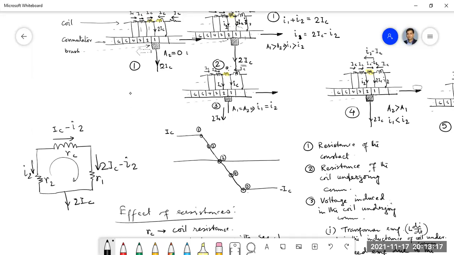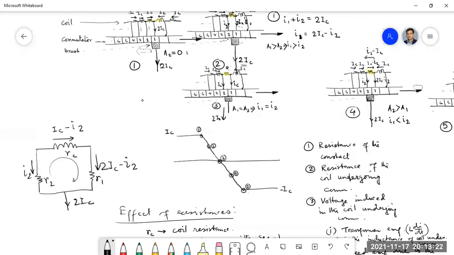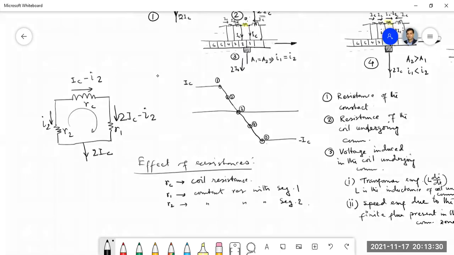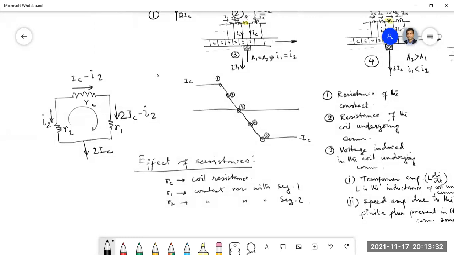Sir, I2 R2 minus (2IC minus I2) into R1 minus (IC minus I2) into RC equal to 0. Slowly, let me write here.